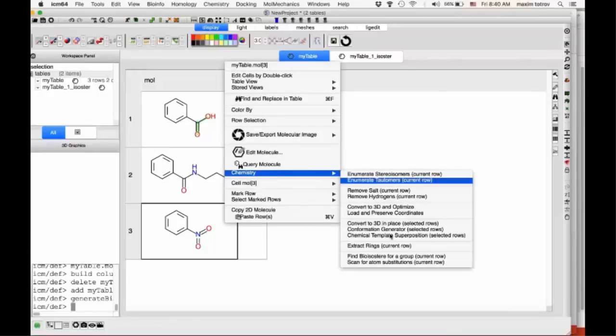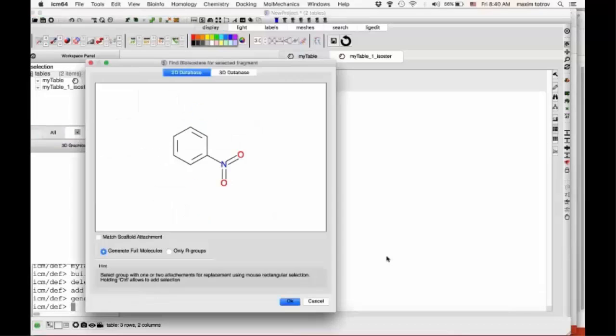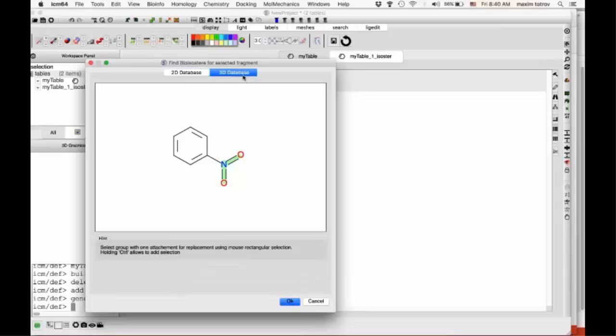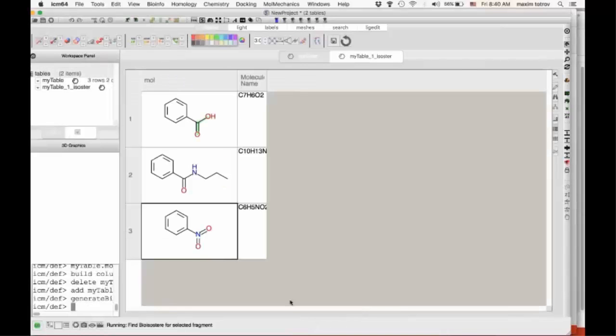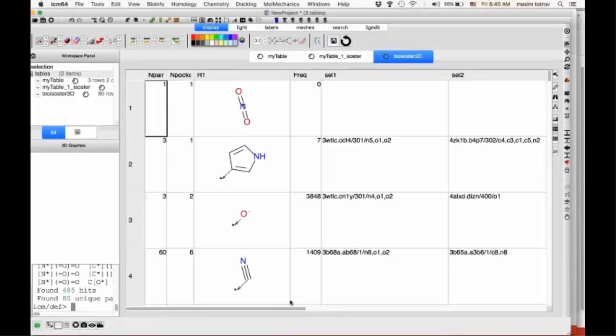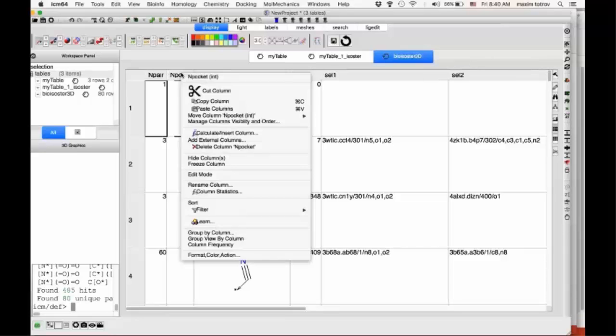Here we can search for isosteres for the nitro group in 3D now. It found some groups, and this is somewhat raw. I would sort it by number of pockets.